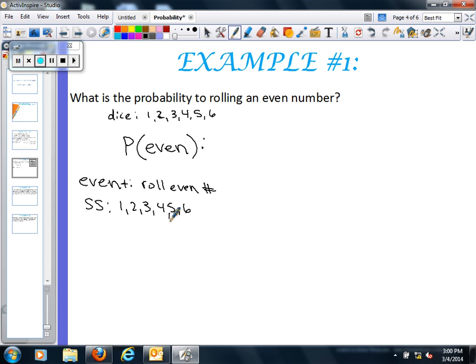The event is to roll an even number, or you could say 2, 4, 6. The complement to the event then is everything that's in the sample space that's not in the event we're looking for. So that would be 1, 3, 5.